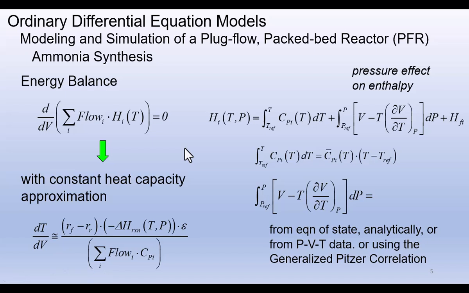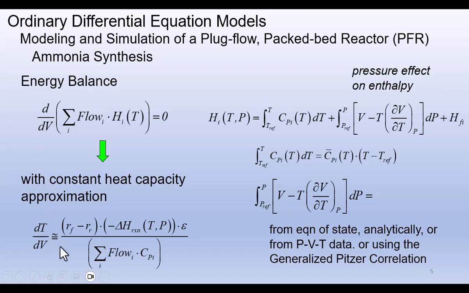And then if we are able to assume constant heat capacity, it then allows us to simplify this and have instead a differential in terms of temperature with respect to volume. And the denominator here is the part that is able to be removed from the derivative on the left-hand side.